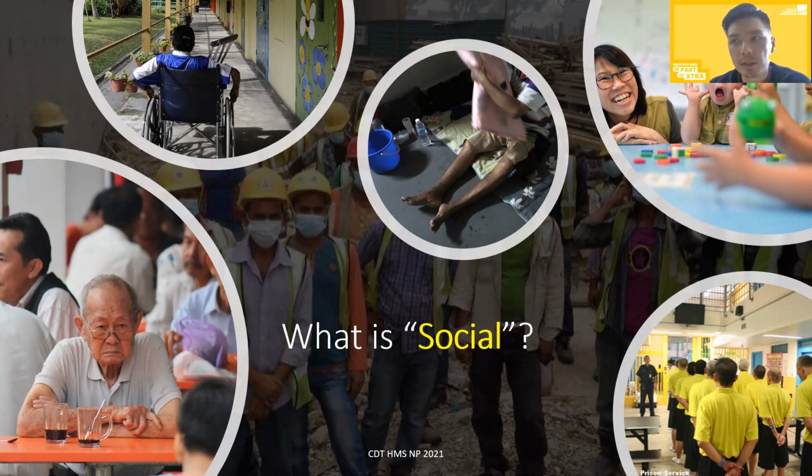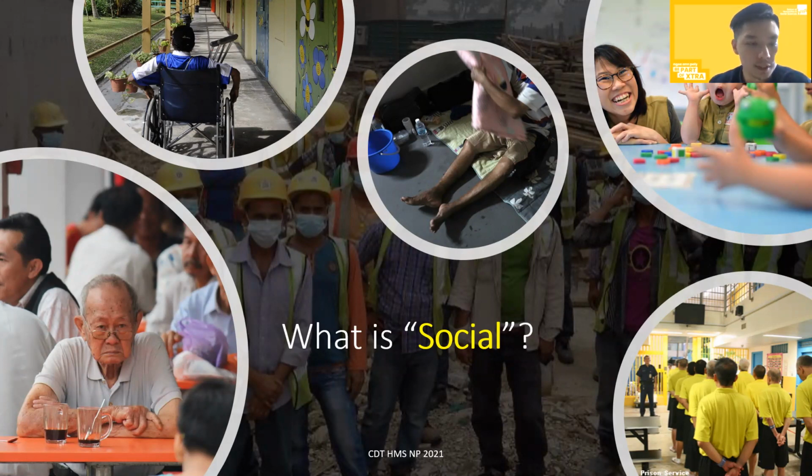So here in community development, when we talk about social, we're referring to the different groups, different communities of people that exist in our society. And there are a lot of groups which are marginalized. Of course, this is just a sampling of those groups, which you may be more familiar with.